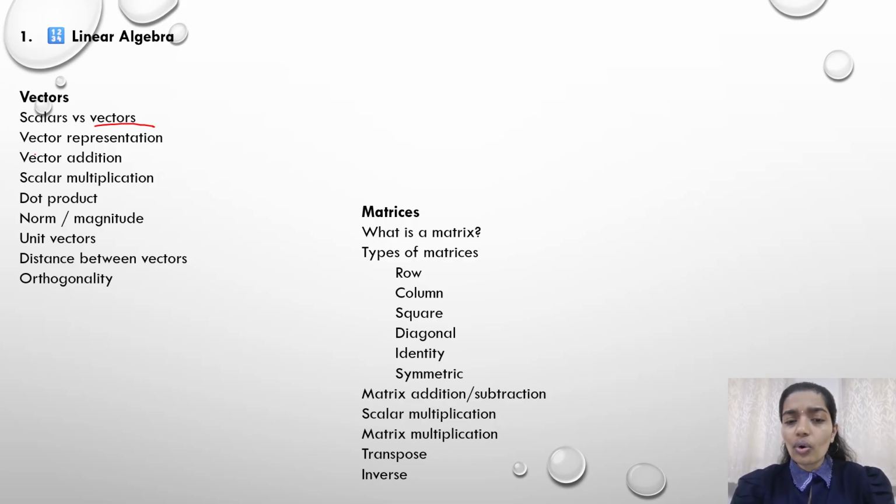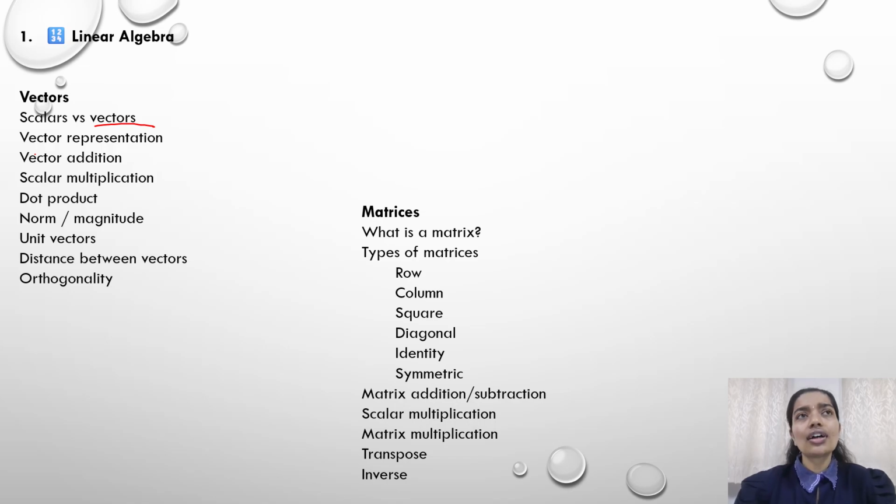We need not go into great detail. Then diagonal, and what is an identity matrix. These are very basic things that we should know. And what is a symmetric matrix, diagonal, anti-diagonal. These small terms, it is always good to know all of them.